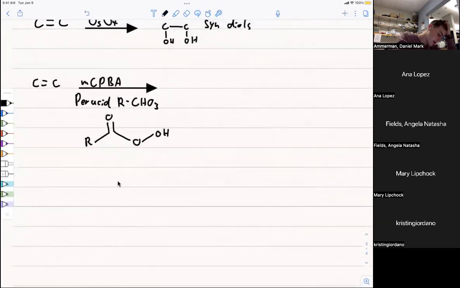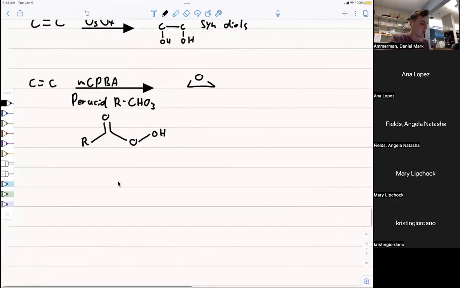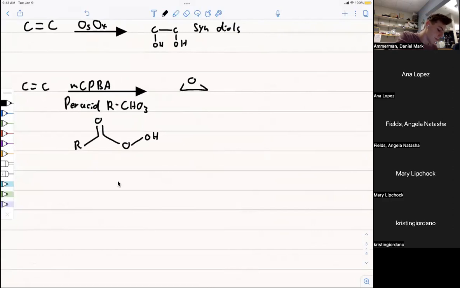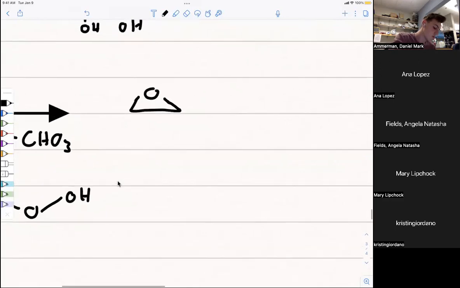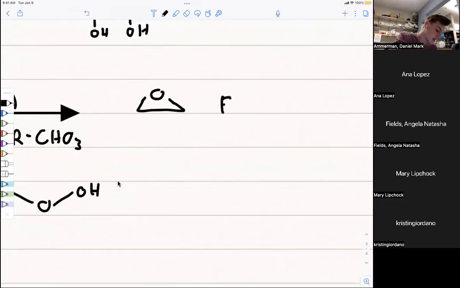That just makes an epoxide ring. But I think that she might be telling you that now because she's on the ACS board, or not the board, but she's part of it. So she might be telling that because they might be putting it on the ACS this year. Who knows? This is an epoxide ring.